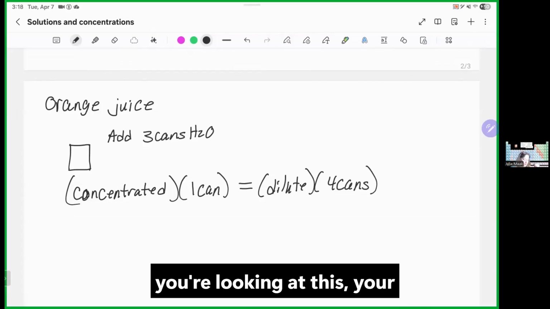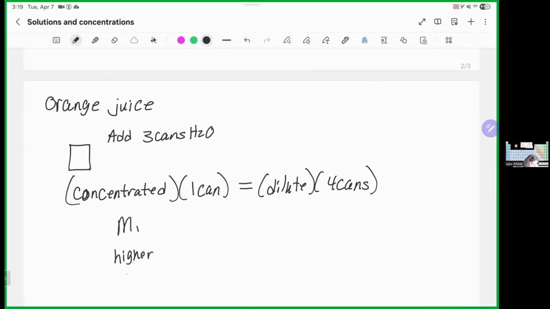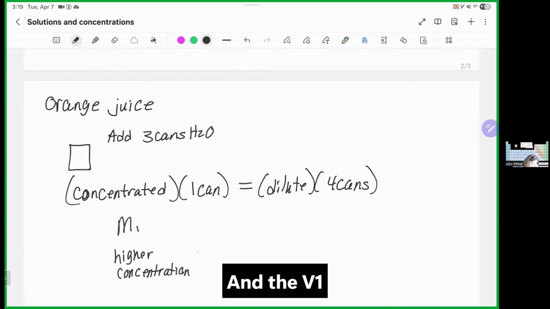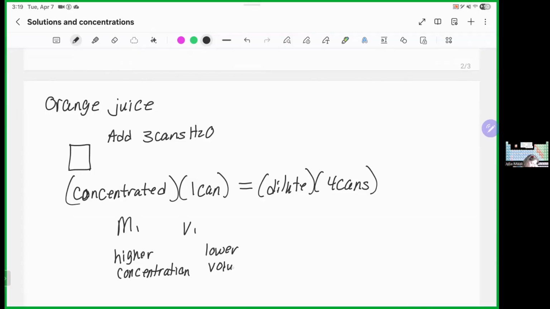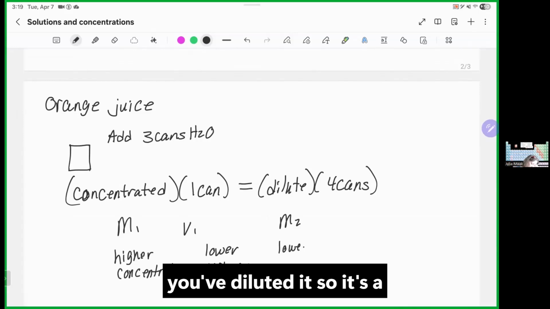Okay, so when you're looking at this, your M1 is always the higher concentration. And the V1 is the lower volume. Over here, your M2 is your lower concentration, right?